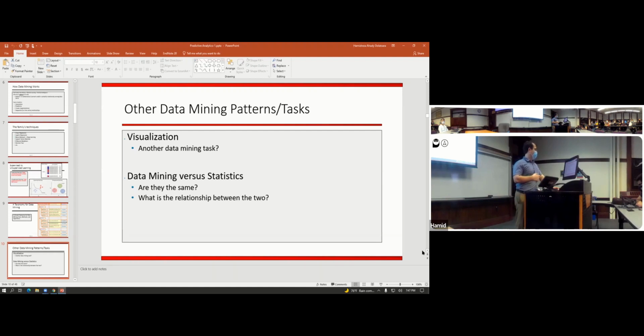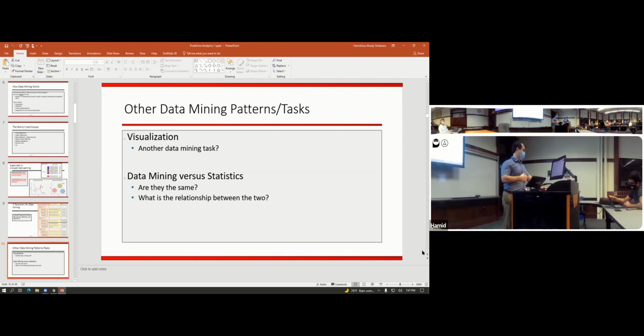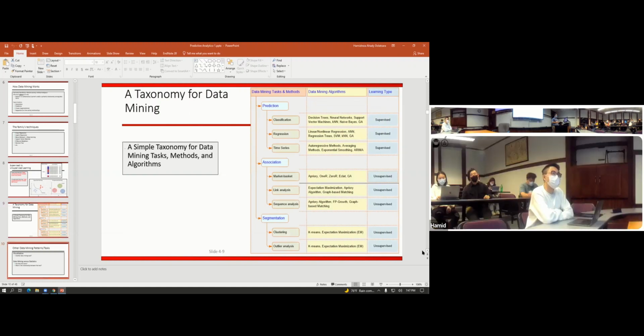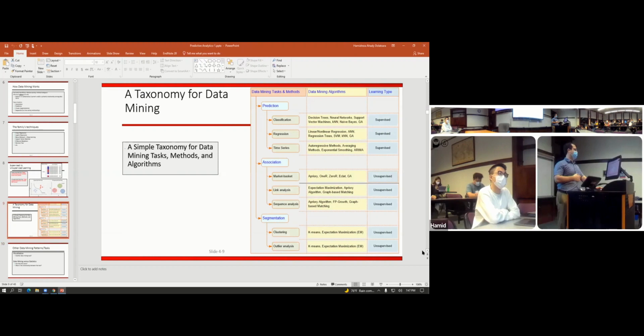So, data mining versus statistics. Based on this figure, do you think they are the same or could there be some difference?